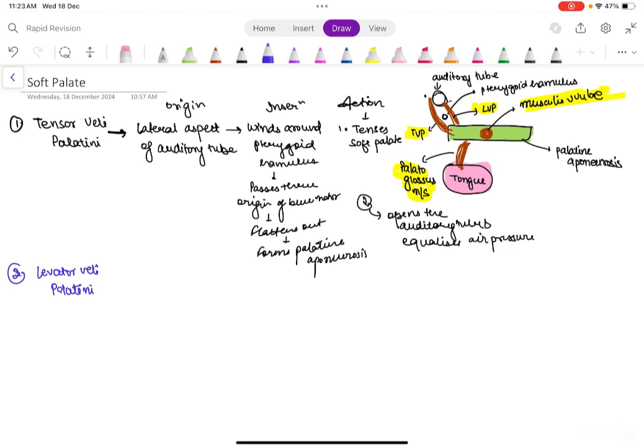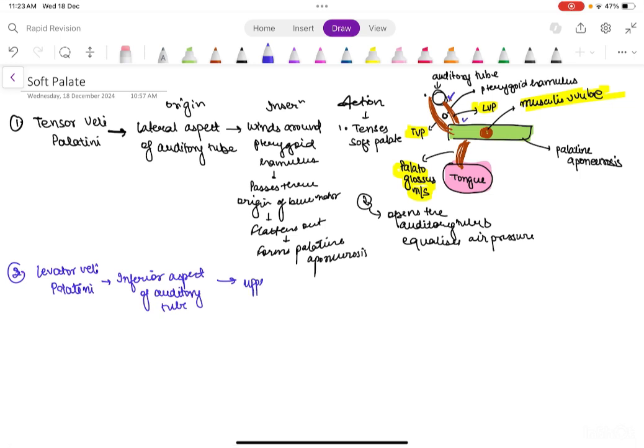In the origin, I told you it is the inferior aspect of the auditory tube, and it is inserting on the upper surface of the palatine aponeurosis. Now the function, by the name itself, elevates the soft palate. The second function is the same.